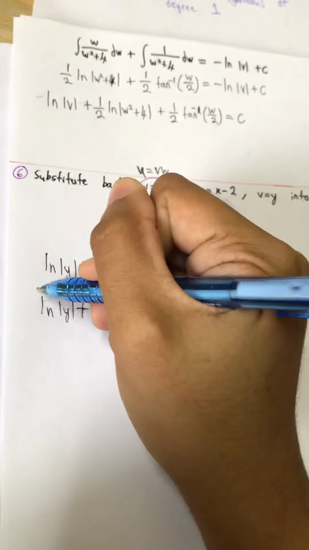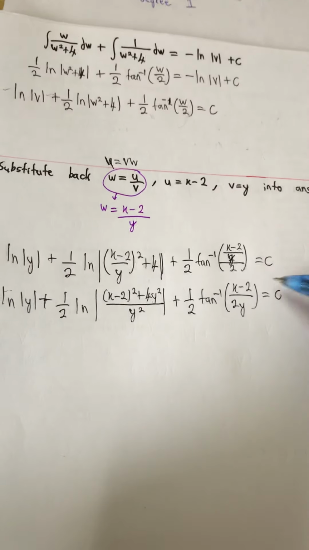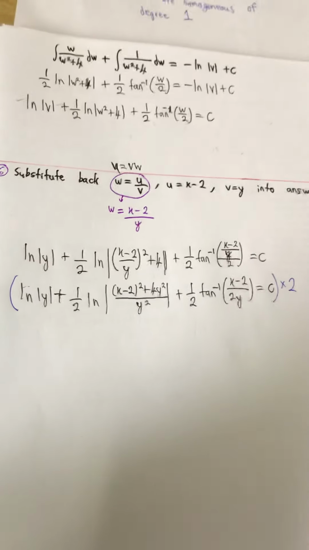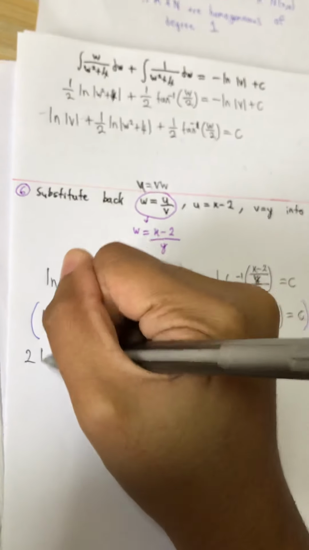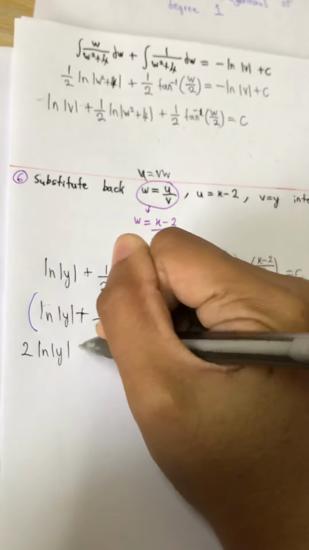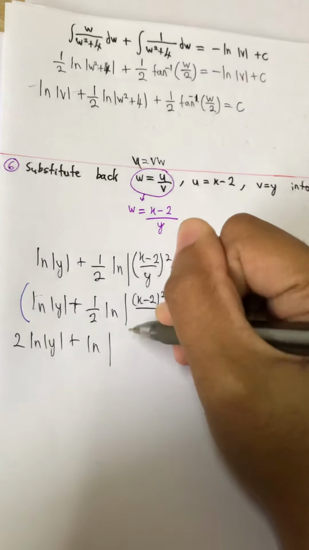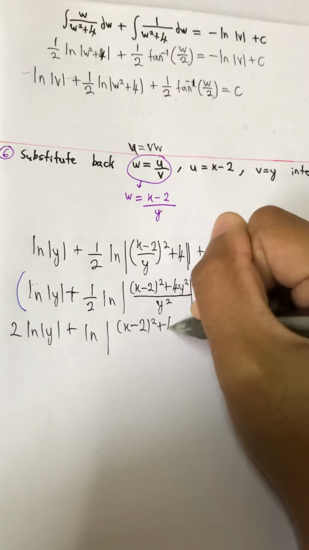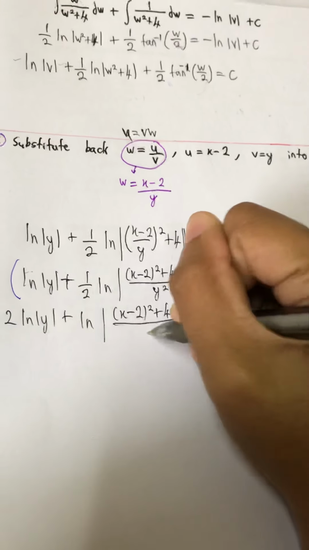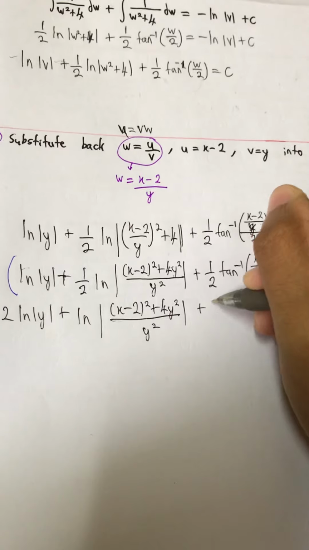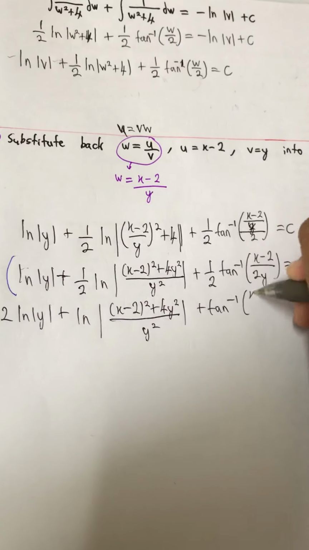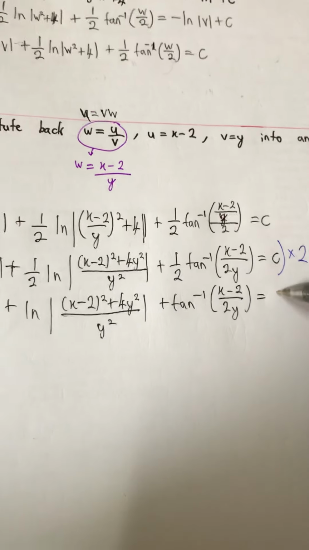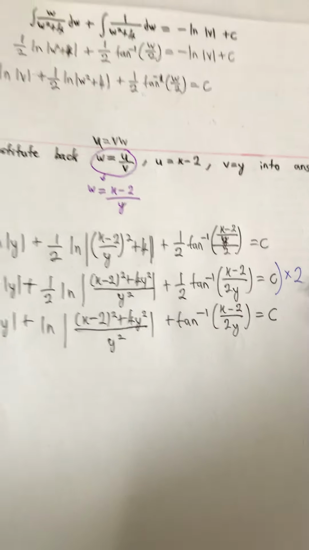So this becomes 2 ln y plus ln(((x − 2)² + 4y²)/y²) plus tan⁻¹((x − 2)/2y) equal to 2c, which is a constant, so we just write it as constant c.